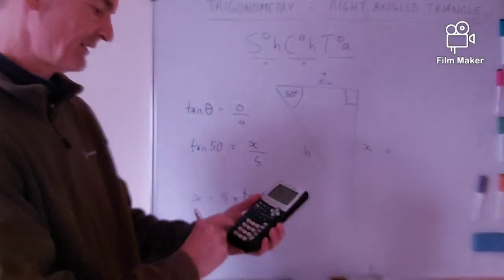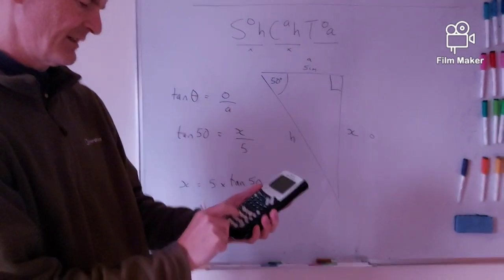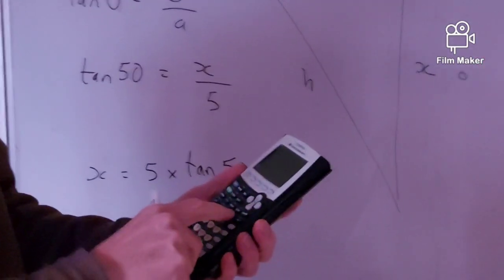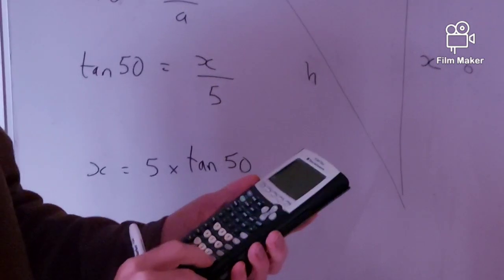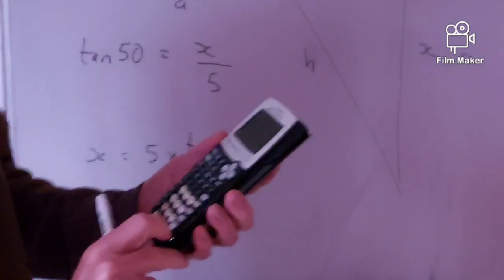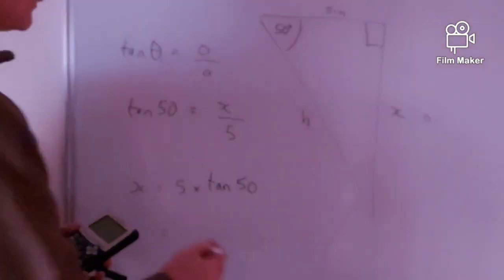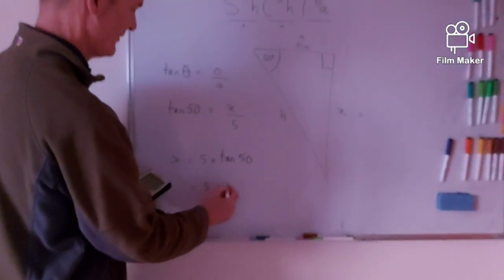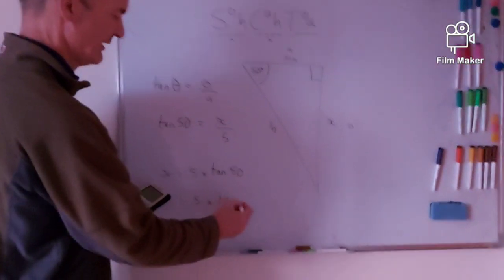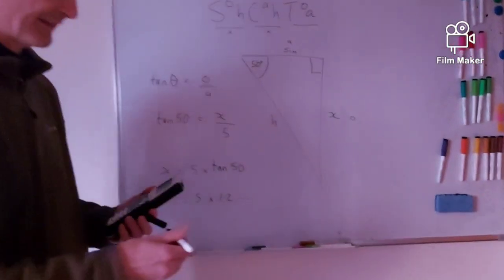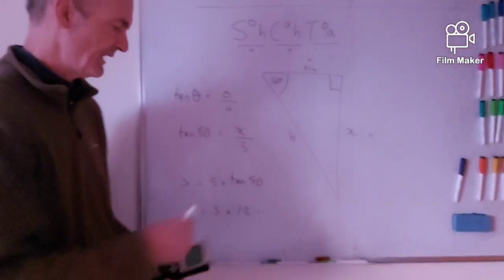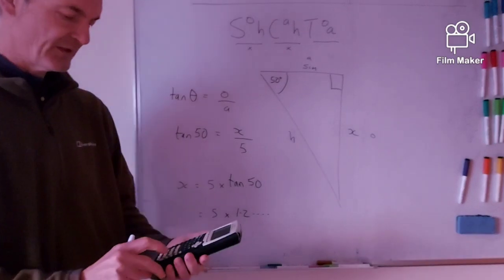So you grab your calculator, turn it on, and you do tan 50 equals, and you're going to get 1.2 roughly. A few more digits. Don't round that up yet. Do this calculation first.